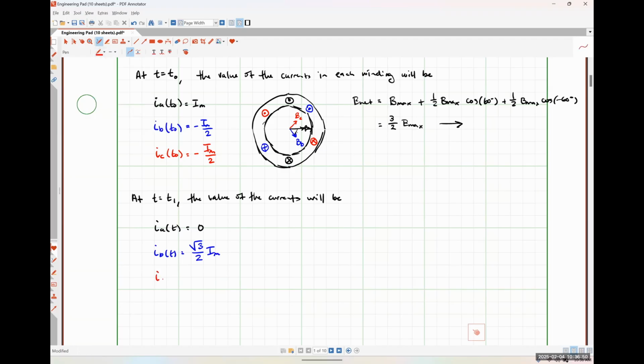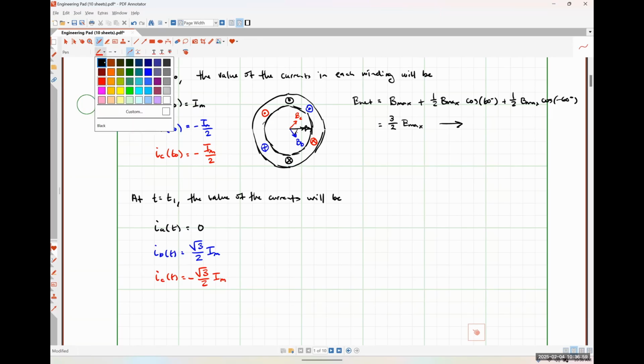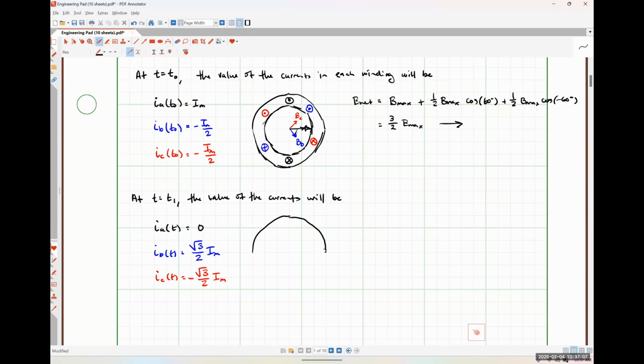And the C phase current will be negative square root of 3 over 2 times IM. So if we once again look at what's going on with the field that's generated by our stator windings, there's our A phase. We're actually going to wind up just leaving both of those circles blank because there's no current. So no current's flowing in, no current's flowing out. So I'm just not going to designate anything there.